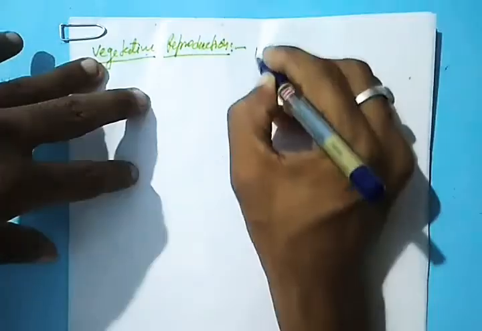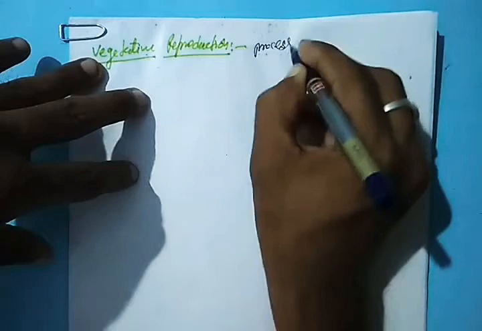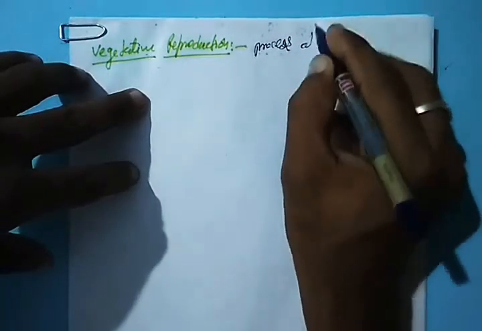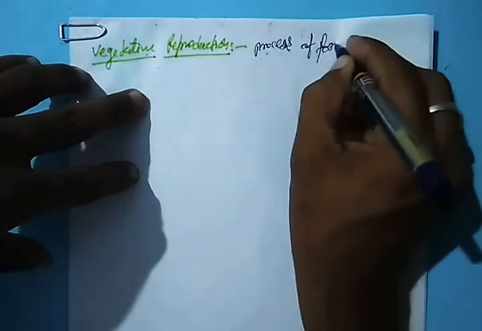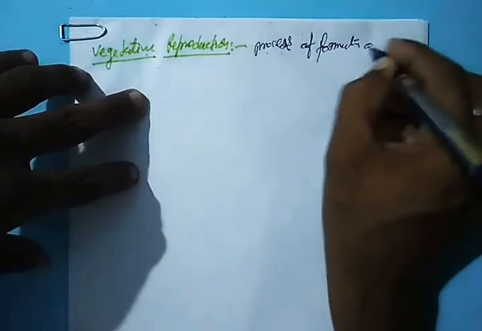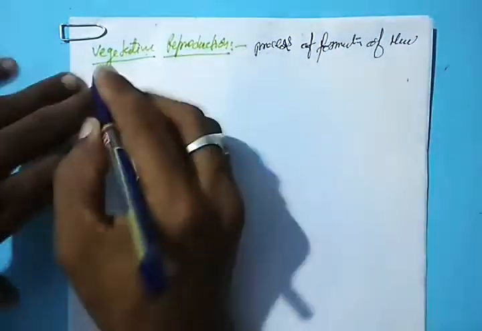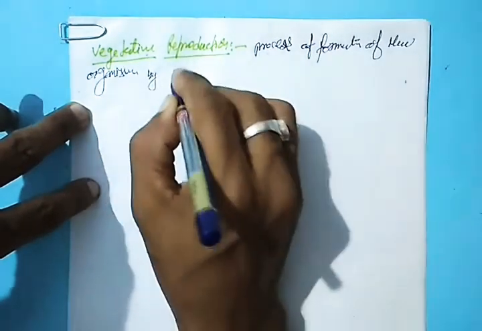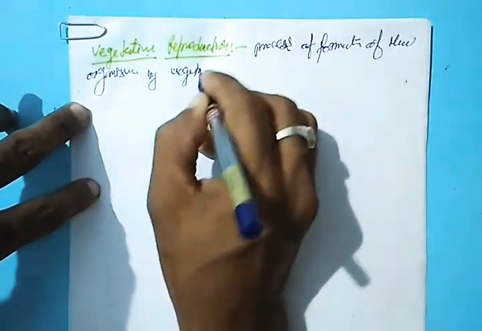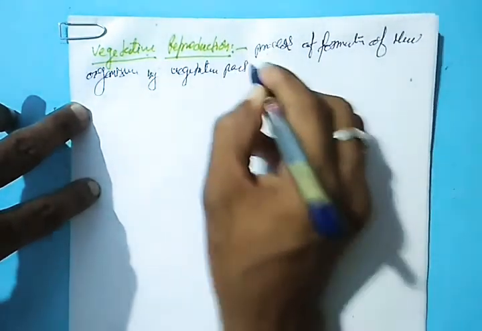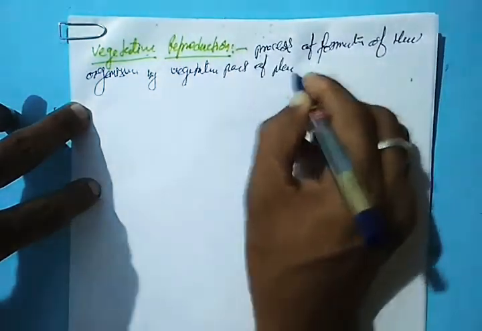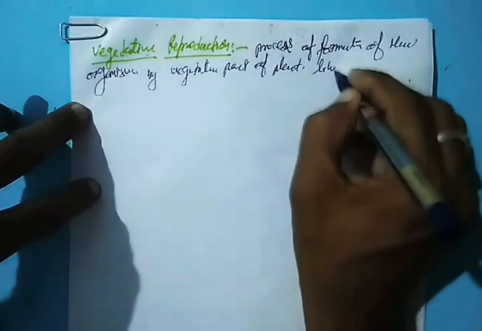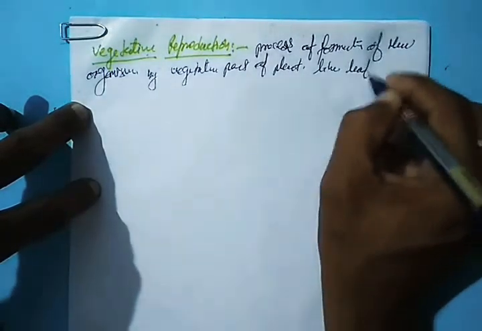Okay, it is the process of formation of a new organism by vegetative parts of a plant, like leaf, root, and stem.